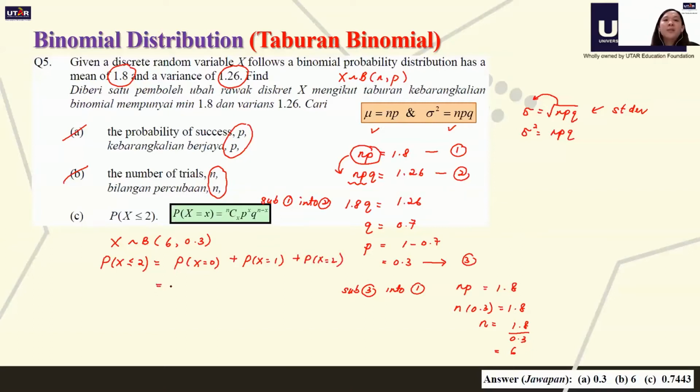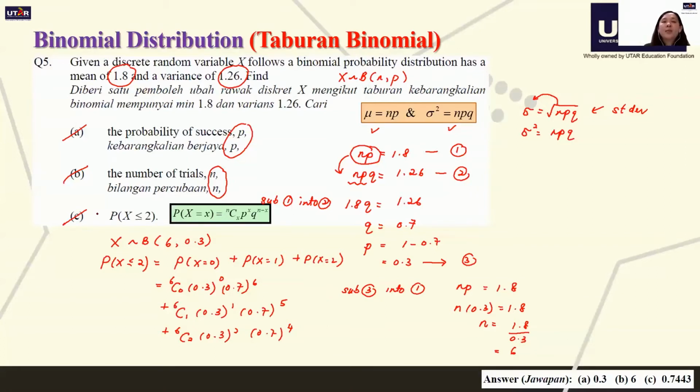For 0, I have 6C0, 0.3 to the power of 0, then 0.7 to the power of 6. Plus 6C1, 0.3 to the power of 1, then 0.7 to the power of 5. And the last one gives 6C2, 0.3 to the power of 2, then 0.7 to the power of 4. Just add them together to get what is needed in part C.